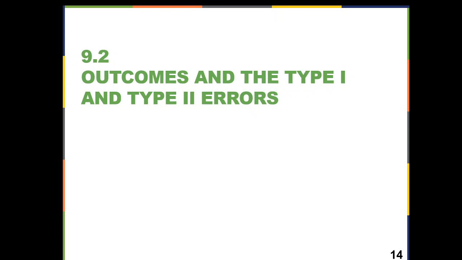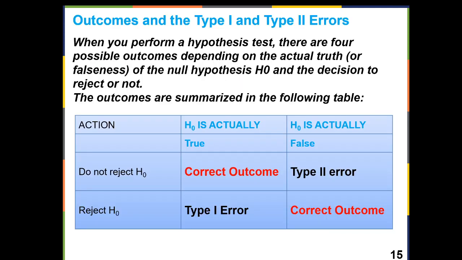All right, so outcomes and the type 1 and type 2 error. Well, the null hypothesis, remember we always assume the null hypothesis is true. Now, of course, in reality, actually, it could be true, or it could be false.